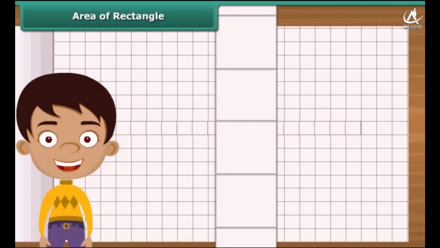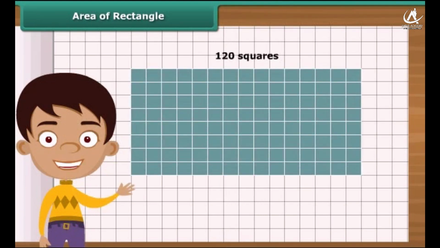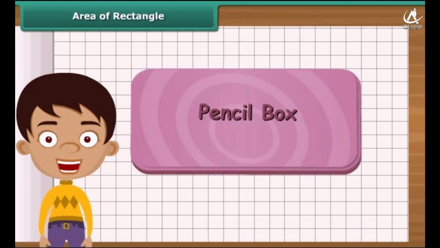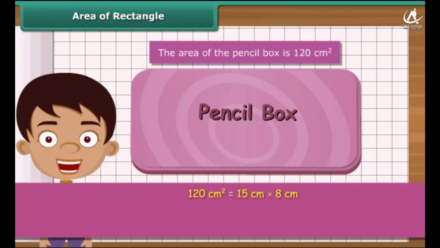Arrange 8 squares of side 1 centimeter along its breadth. Altogether, 120 squares have been arranged on the squared paper. It means the area of the pencil box is 120 centimeters square, which is 15 centimeters multiplied by 8 centimeters.